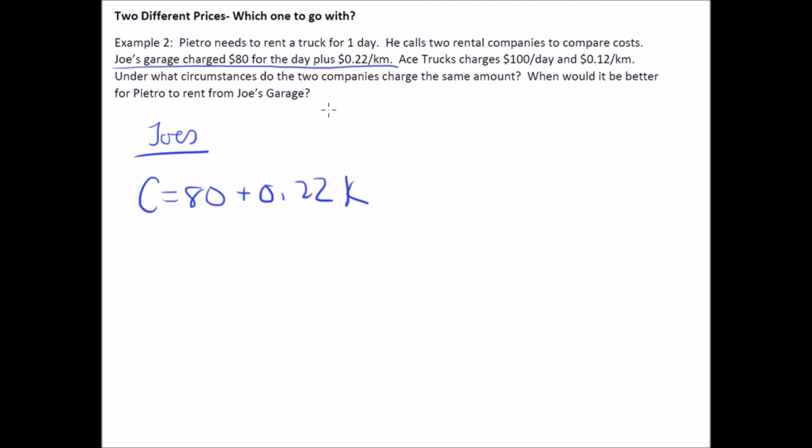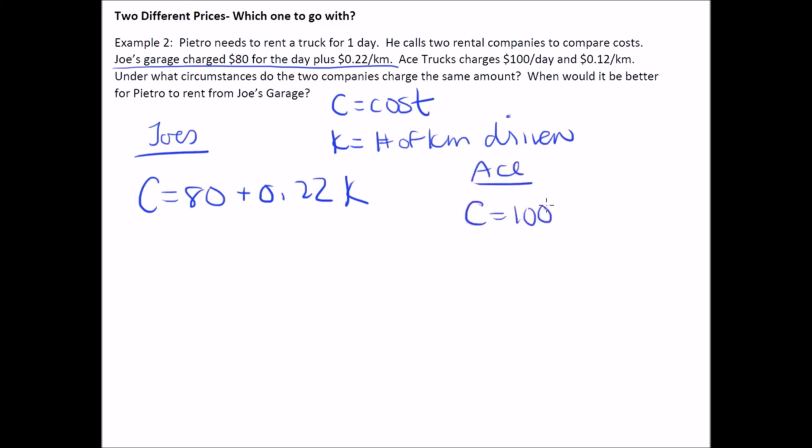Okay, so if we think about the variables that we actually need, and sometimes I do this backwards, c is going to be the cost, and k is going to be the number of kilometers driven. Okay, Ace Trucks charges $100 per day and 12 cents per kilometer. Okay, so there are our two variables and our two equations.